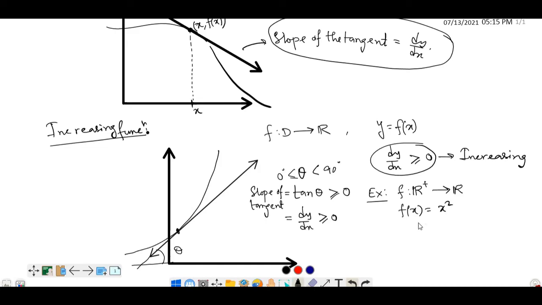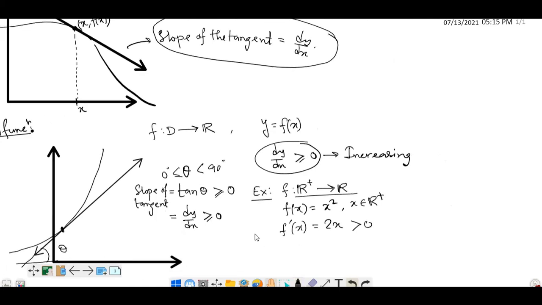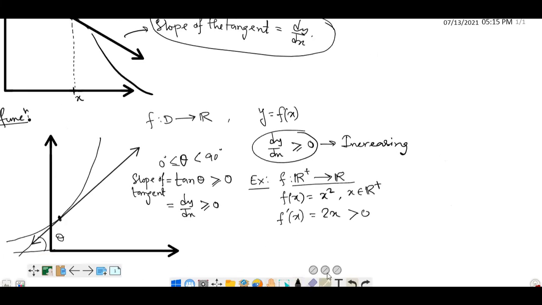So if you take R plus, the derivative will become 2x, and x from R plus means this will be positive always. So when you take the function x square on the positive part of the x axis, the function is increasing. How does the graph look? If you see carefully, the graph for this will look like this.